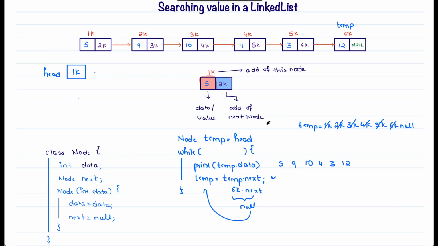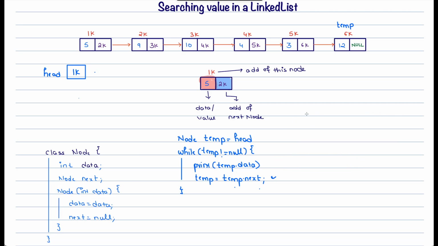So here I got the condition: if the temp is turning out to be null, I need to stop, otherwise I need to move further. So while temp is not equal to null, I need to move further, otherwise I will be terminating the while loop, and that's it. So in this way you are going to traverse.